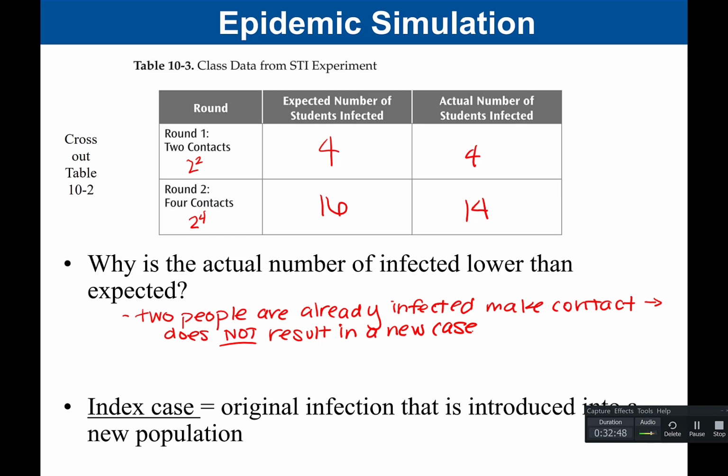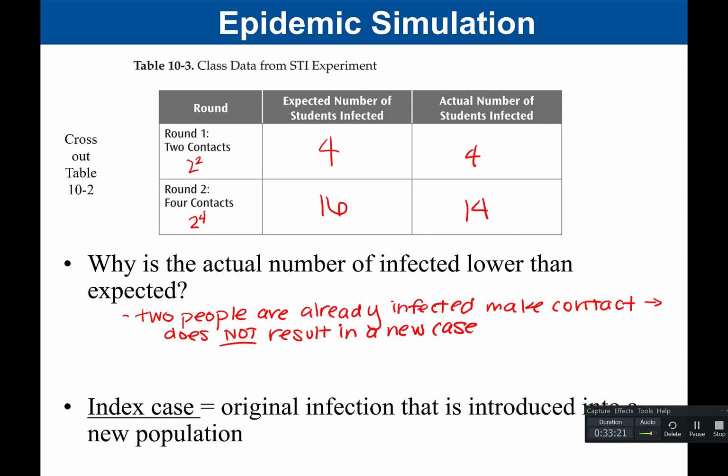So let's say we have 2 people, and person number 1 caught it in the first round, and person number 2 caught it in the second round. If those people make contact in the third round, they both already have the disease. So if they make contact, they're not spreading the disease to 2 new people. So if that's the case, our actual number is going to be less than our expected number.